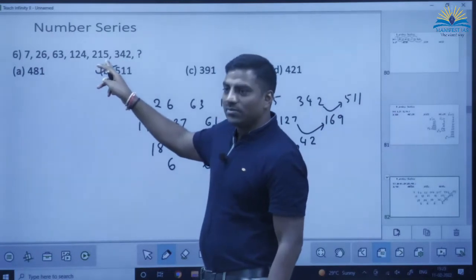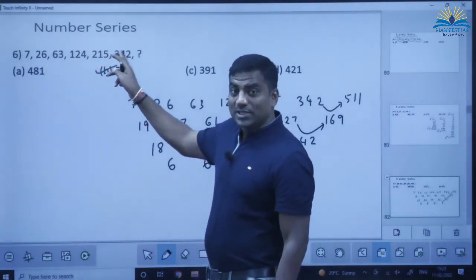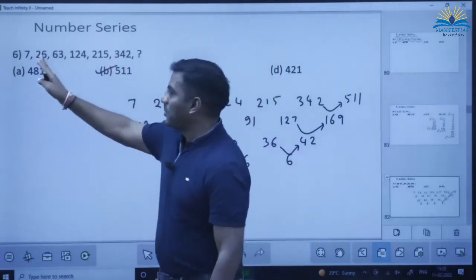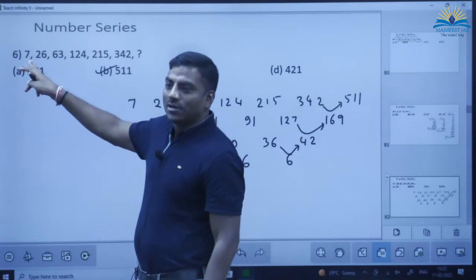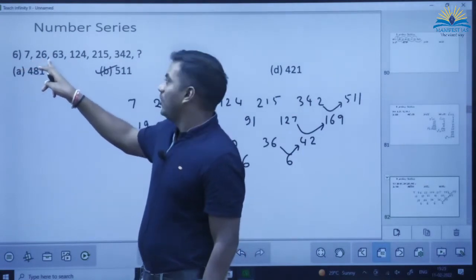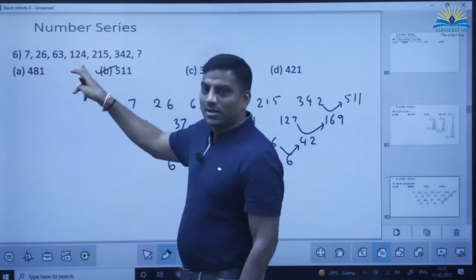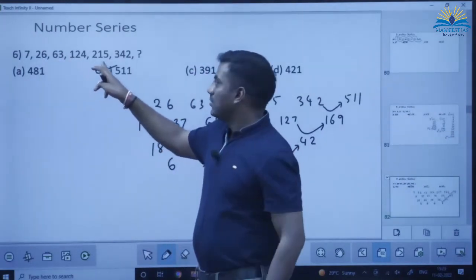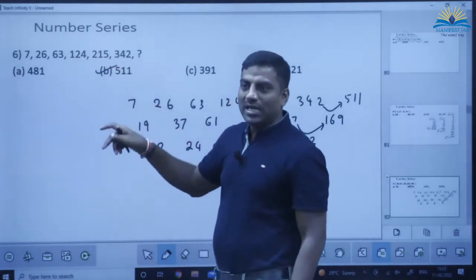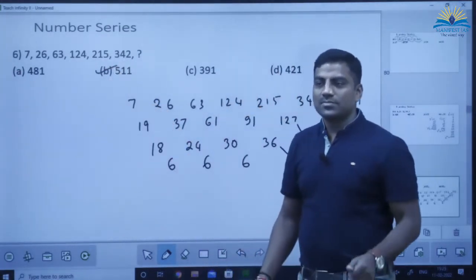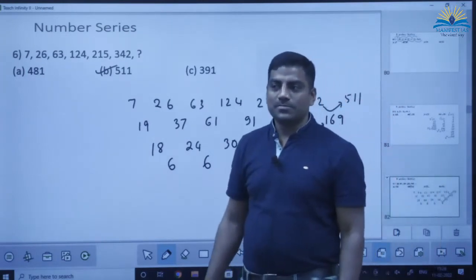Then what should it be? 6 cube minus 1. Come from here. 2 cube minus 1, 3 cube, 4 cube minus 1, 5 cube minus 1, 6 cube minus 1, 7 cube minus 1, 8 cube. How much is that? 8 cube is what?